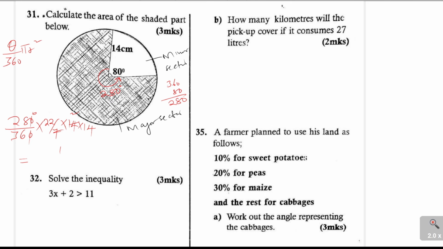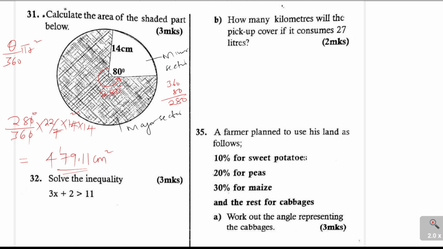Then I divide everything by 36. So that should give 479.11 centimeters squared. Just to confirm this, it is 28 times 22 times 28 divided by 36. It is okay. So that is how you're supposed to get it.